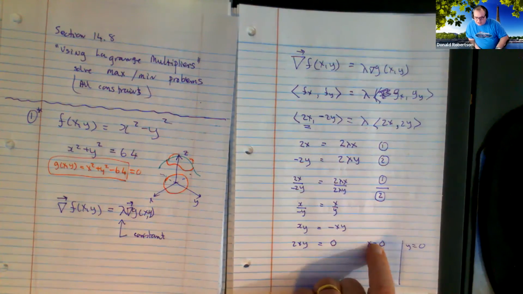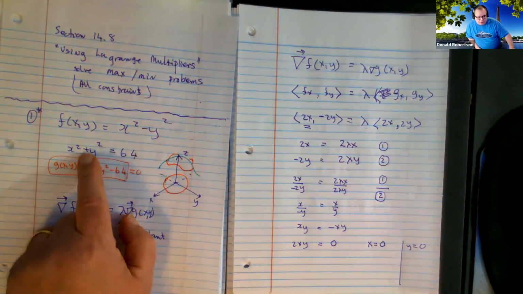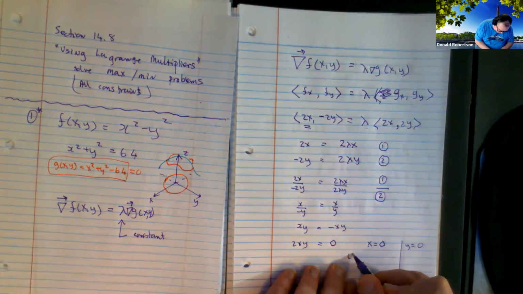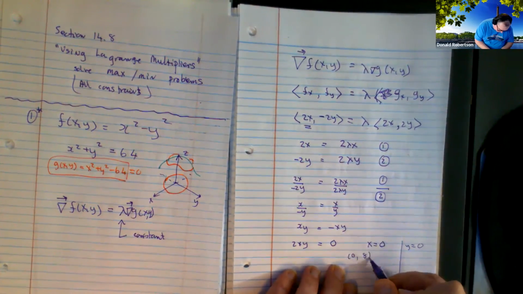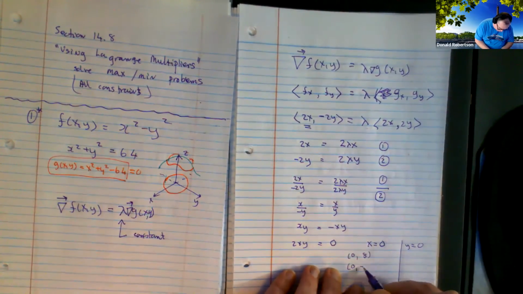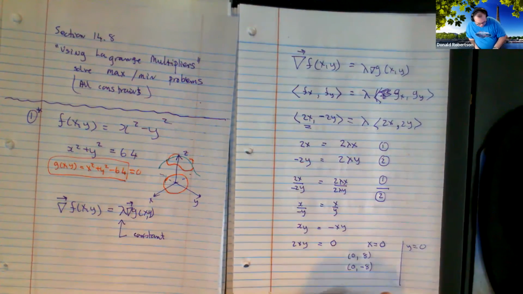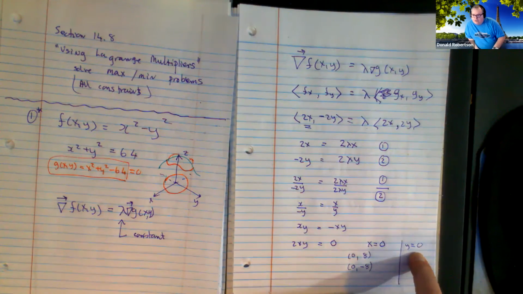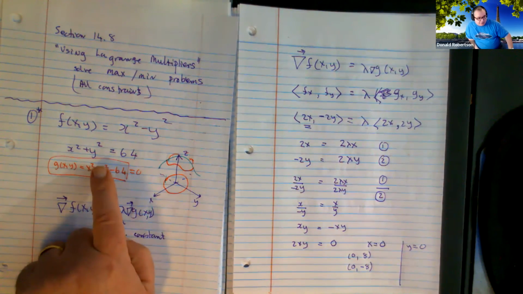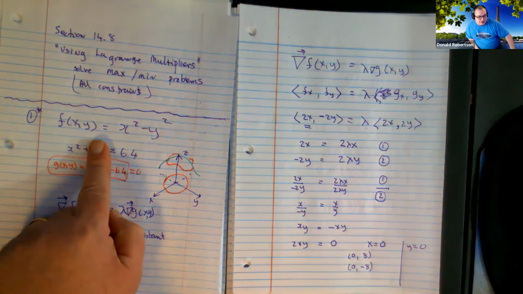Whenever you get an x or a y value, return to the constraint function to figure out the other one. So in this case, x could be 0 and y could be 8, or x could be 0 and y could be negative 8. Now, a lot of symmetry going on here. If you do the y equals 0 combination, if y is 0, would you agree x has to be 8 or negative 8?